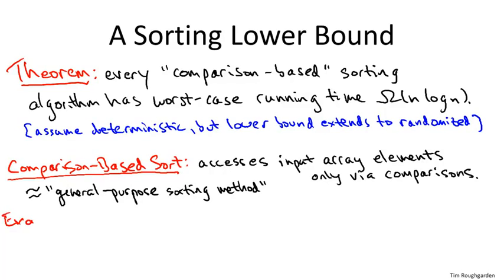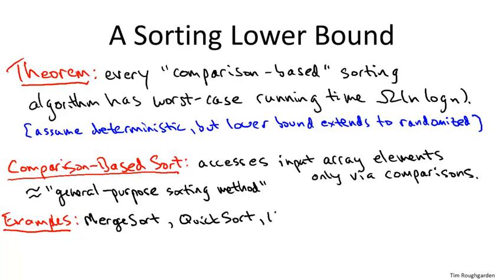There's famous examples of comparison-based sorts, including everything we've discussed in the class so far. There's also famous examples of non-comparison-based sorts, which we're not going to cover, but perhaps some of you have heard of, or at the very least, they're easy to look up on Wikipedia or wherever. So examples include the two sorting algorithms we've discussed so far, merge sort. The only way that merge sort interacts with the elements in the input array is by comparing them and by copying them.